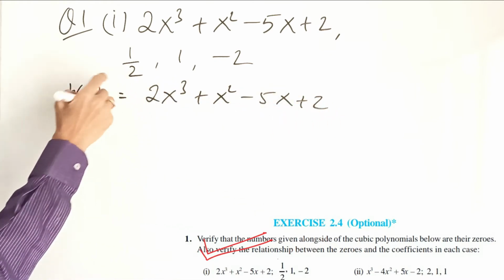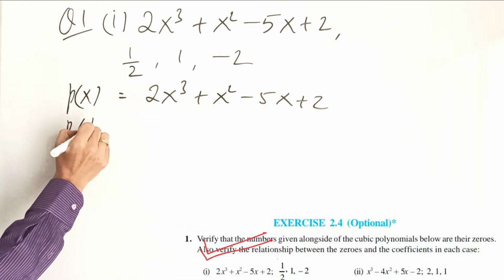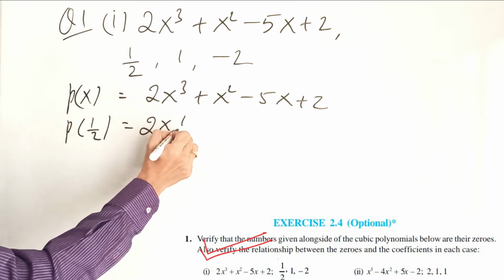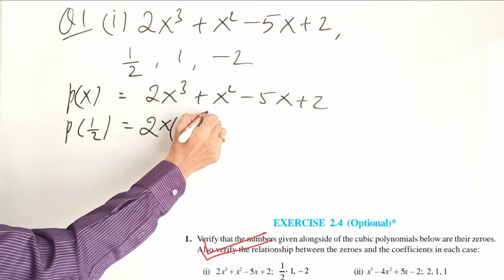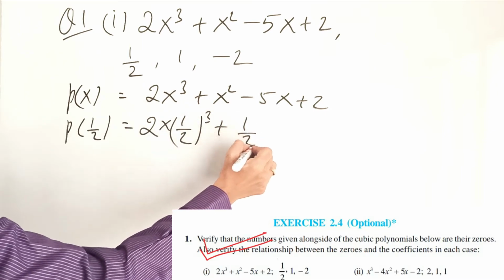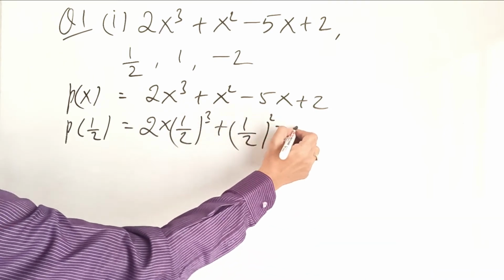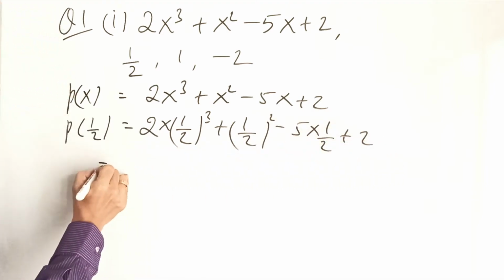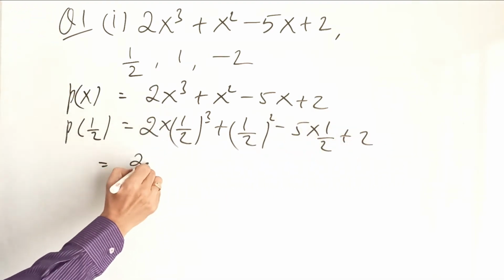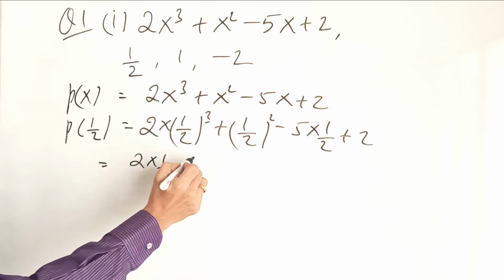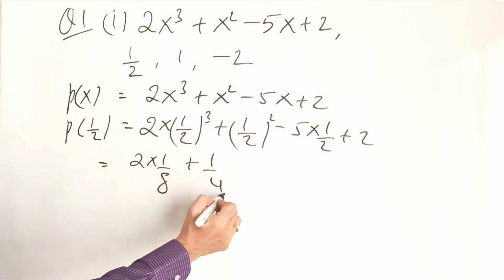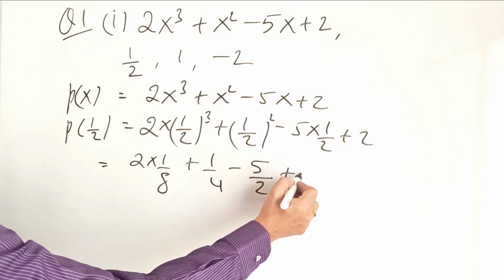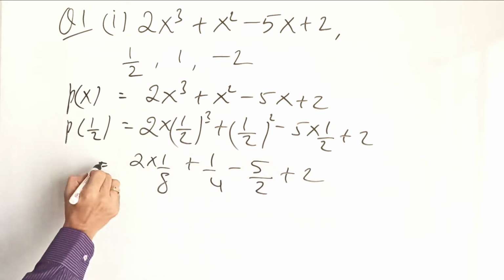So let us check the first one. P(1/2) is equal to 2 into (1/2) whole cube plus (1/2) square minus 5 into 1/2 plus 2. So it will be 2 into 1 upon 8 plus 1 by 4 minus 5 by 2 plus 2.